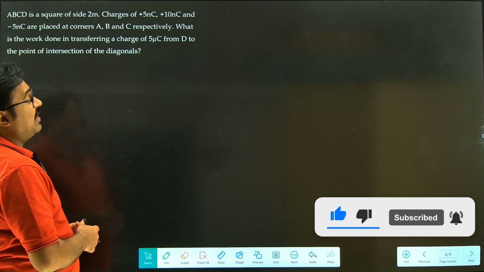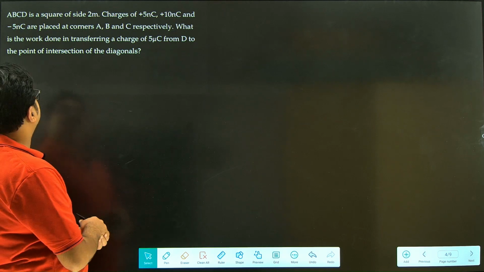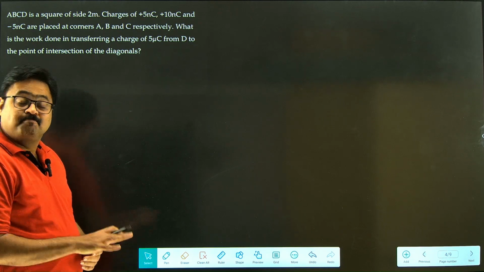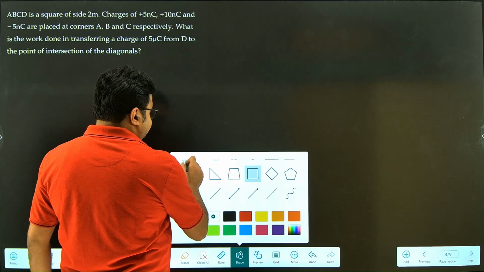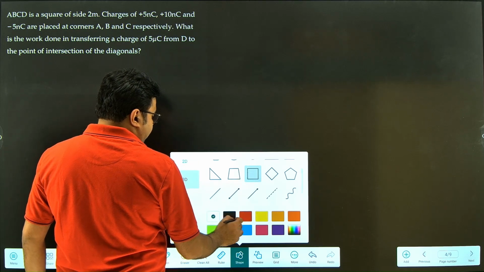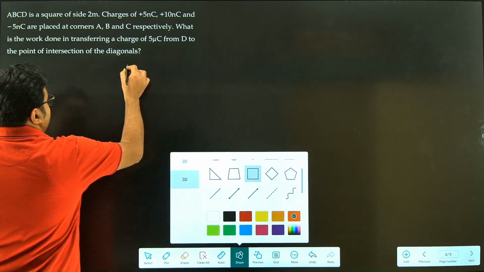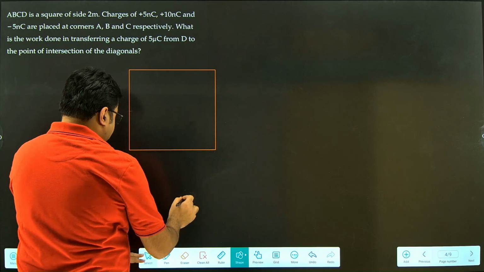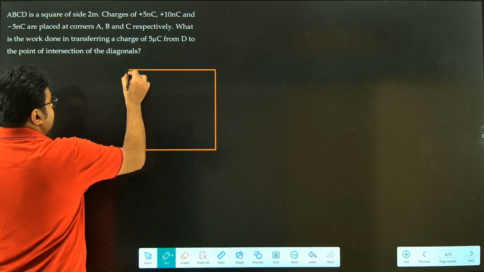Charges of plus 5 nanocoulomb, plus 10 nanocoulomb and minus 5 nanocoulomb are placed at corners A, B and C respectively. Let us visualize this scenario. We have a square of side 2 meter.